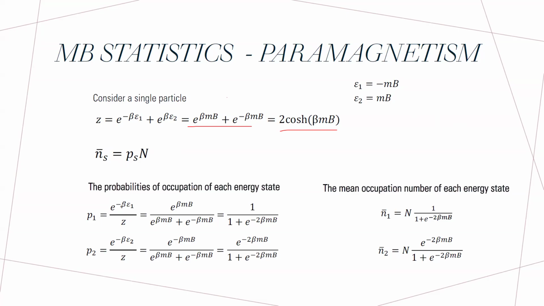So P1 is equal to exponential of minus beta epsilon 1 over simple Z, and P2 is equal to exponential of minus beta epsilon 2 over simple Z. And then we have the expression for simple Z, that is the partition function for a single particle.